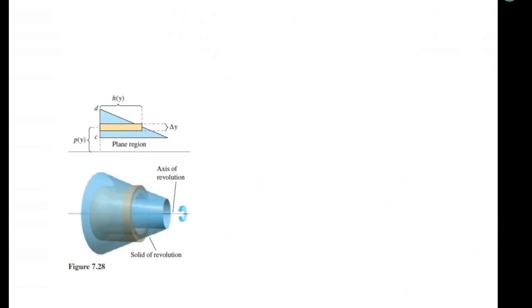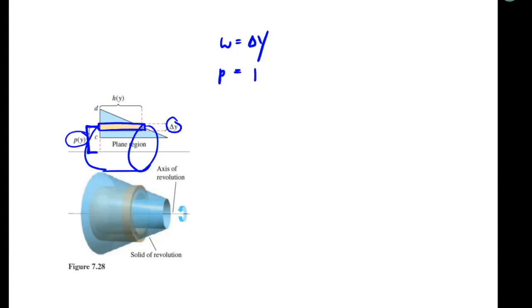So if I have this lovely shape and I want to find one shell inside this shape, right? Again, we have w might be our delta y, right? Our p, or our radius from the axis of revolution, is going to be a function, right? So p is actually a function of y.